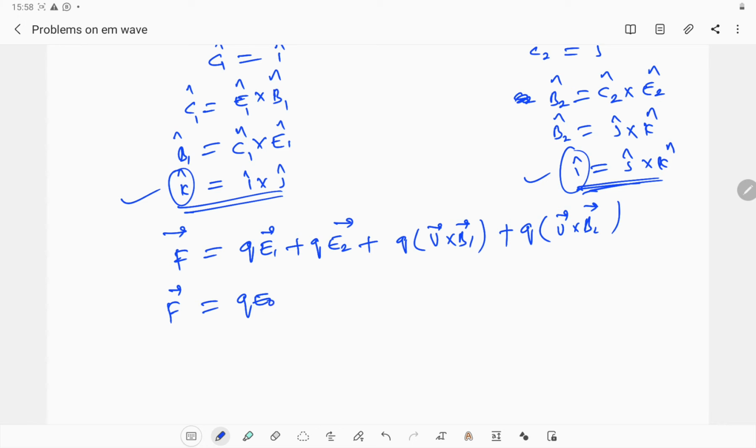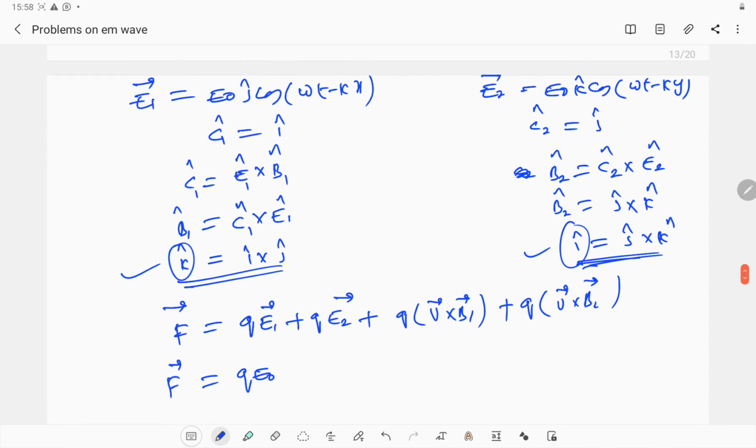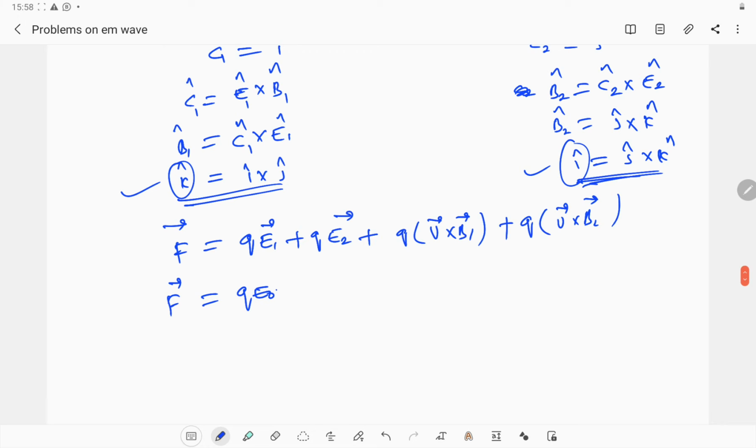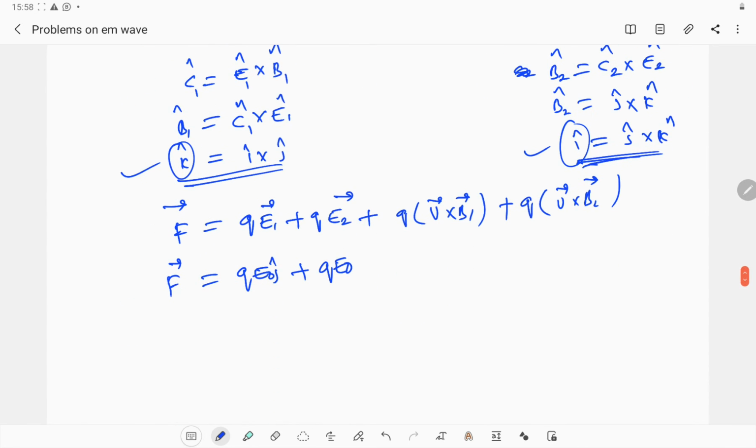Amplitude is given as E naught and its E1 is moving along j cap, plus here also Q into E2 is k cap, plus Q into V bar is given as 0.8 c j cap cross B1, means its magnitude E naught by c and its unit vector is k cap, plus Q into 0.8 c j cap cross B2 cap, its magnitude is E naught by c and unit vector is I cap.